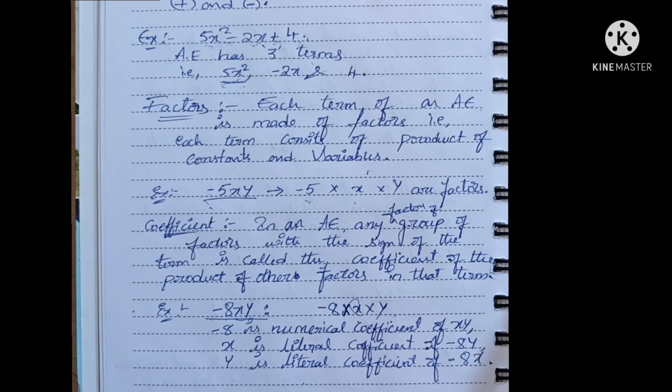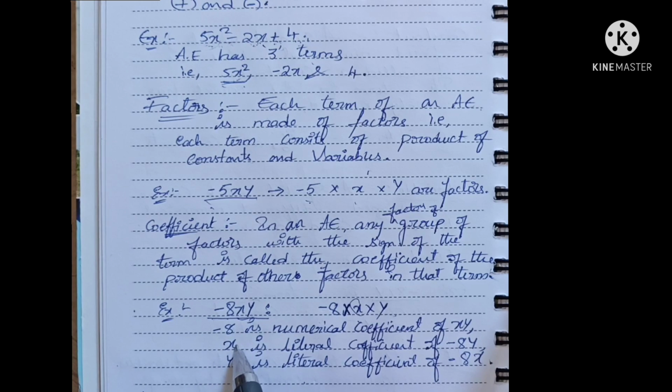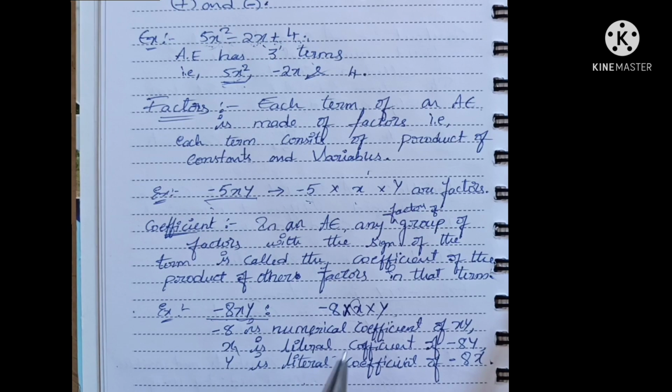If we are considering a number, like minus 5, minus 2, here minus 8, it is called a numerical coefficient. If we are considering any variable, that will be called a literal coefficient. Clear?